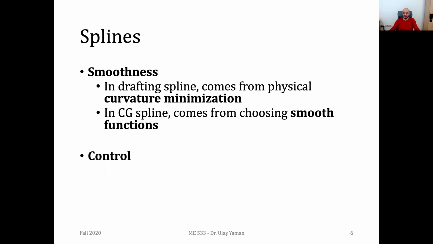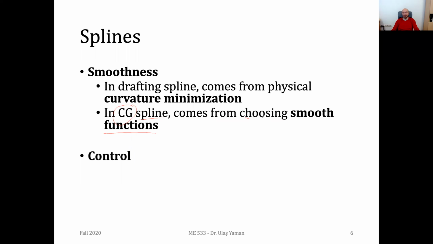But in computer graphics, if it's a computer graphics spline, then we need to have this smoothness due to the basis functions we are using. You obviously cannot do it with flexible metal or pegs, since this is done in the computer.